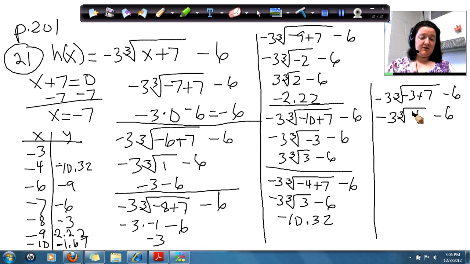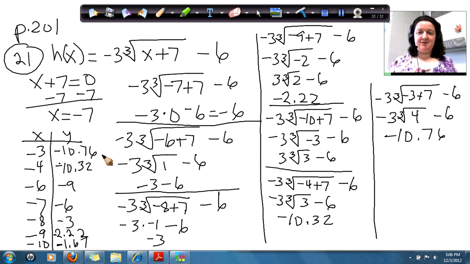So let's find the third root of 4, multiply by negative 3, and then subtract 6. That gives me negative 10.76. Okay, so we're going to have to graph that on the next page since obviously we've run out of space. So let's look at that to begin with.